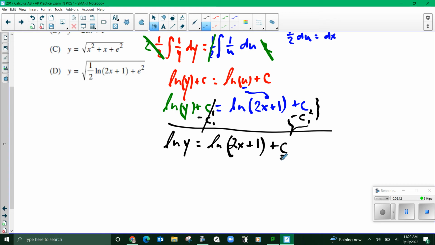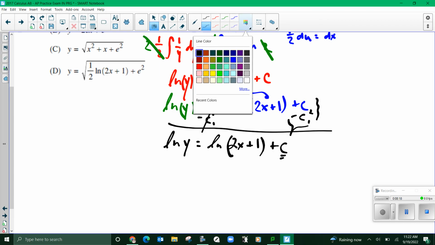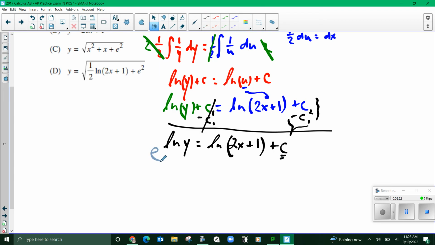All right, here we go. I need to get rid of the ln's. So I am just going to apply a base of e to both sides. Okay, bye-bye. Now it's just y equals. All right, we went over this in problem 14.